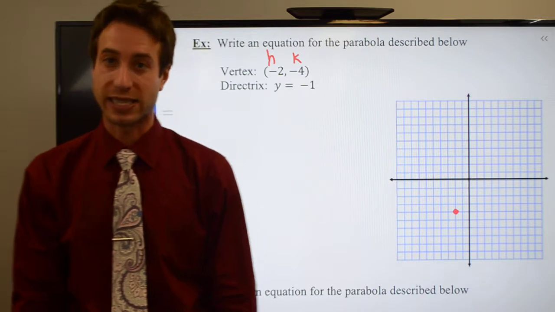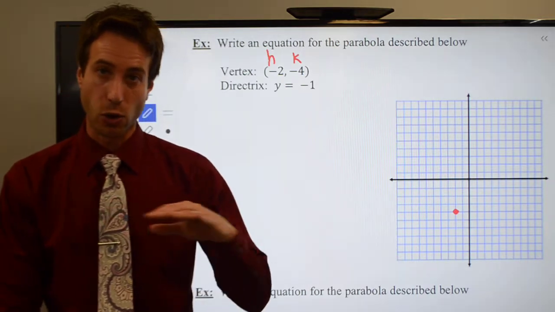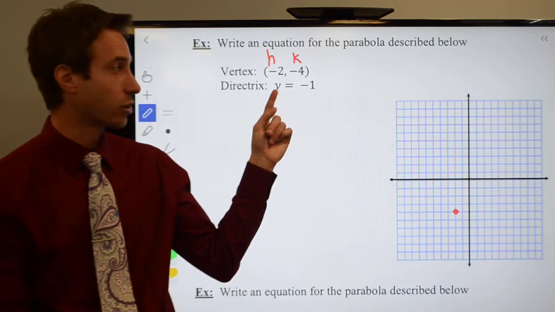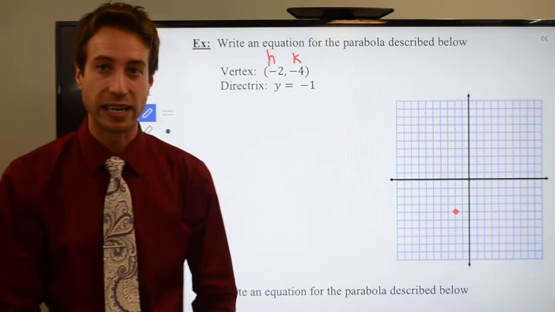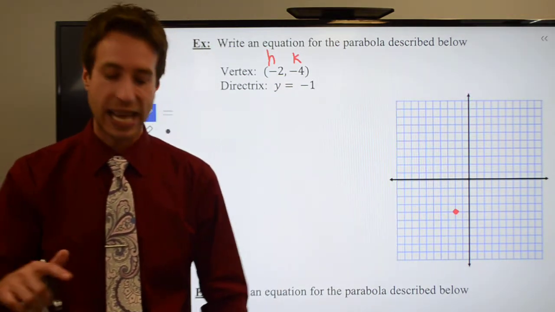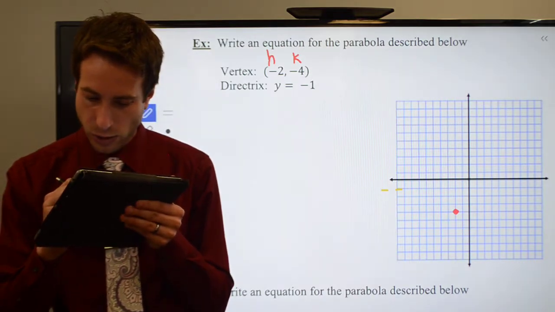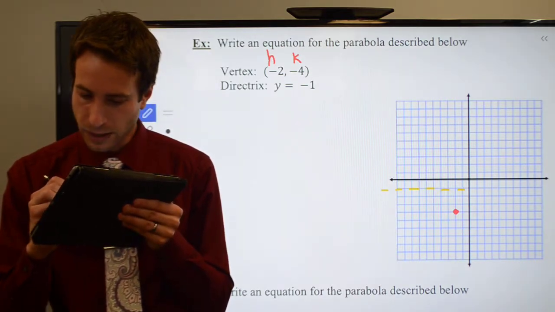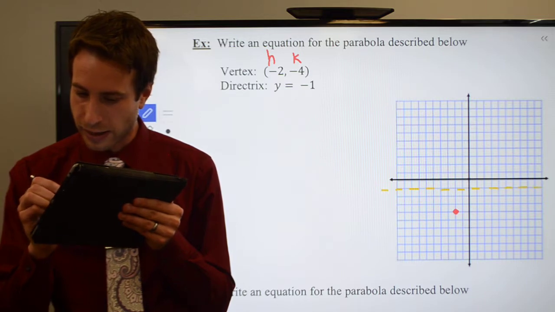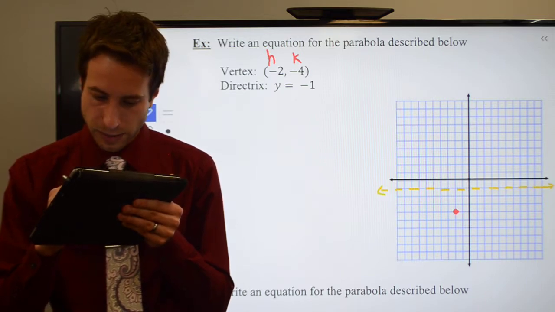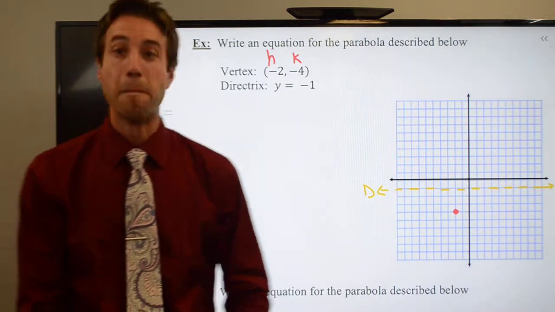The directrix is a dotted line. In this case it's horizontal, because it's y equals -1. So I'll go to y equals -1 and draw my directrix. Right through here is my directrix.